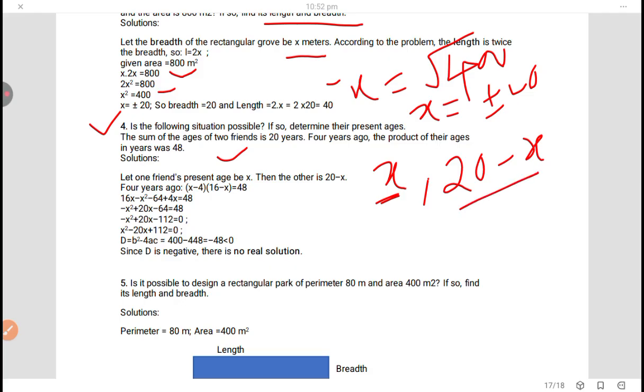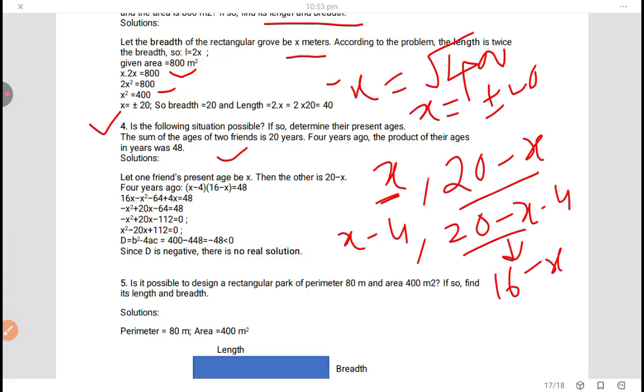And then the product is 48 when they were 4 years ago. 4 years ago means x minus 4, comma, 20 minus x minus 4. So this will give you 16 minus x, and this one. You multiply both and equal to 48 like this.